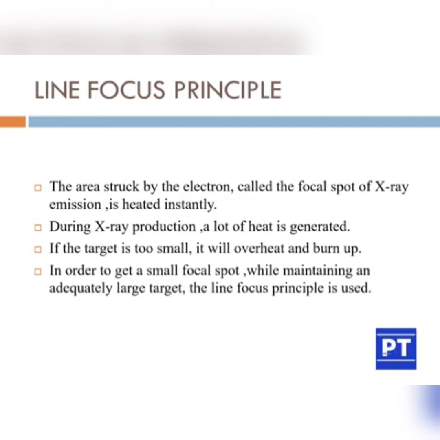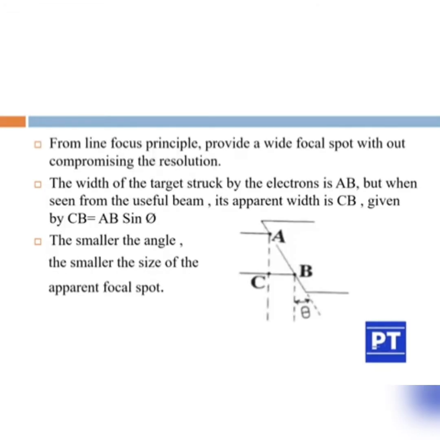In order to get a small focal spot while maintaining an adequately large target, the line focus principle is used. The line focus principle provides a small focal spot without compromising the resolution.